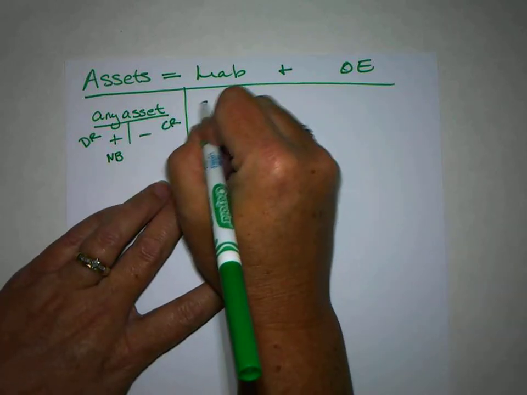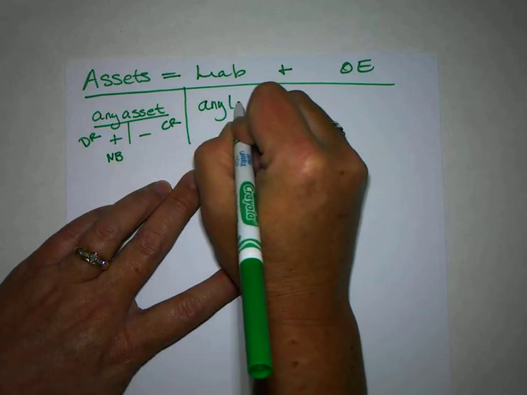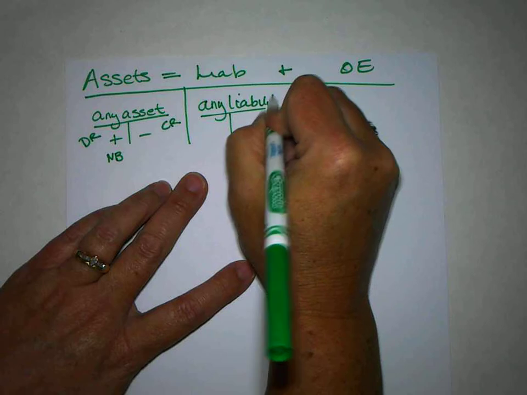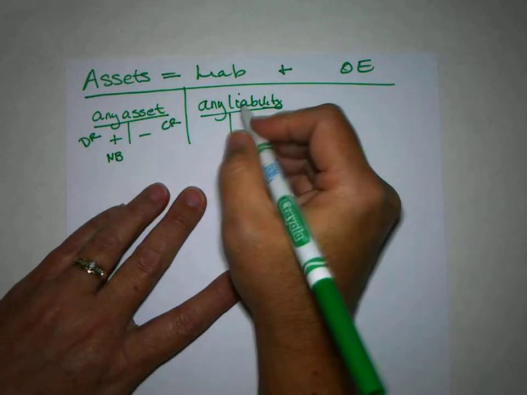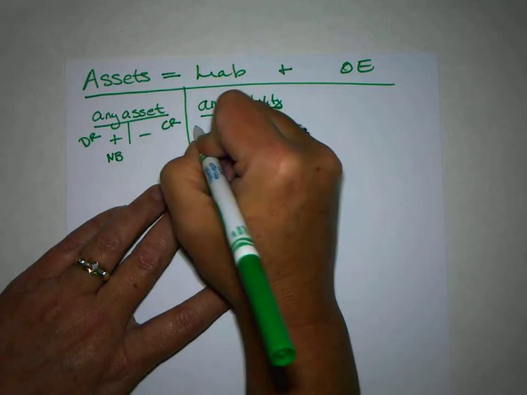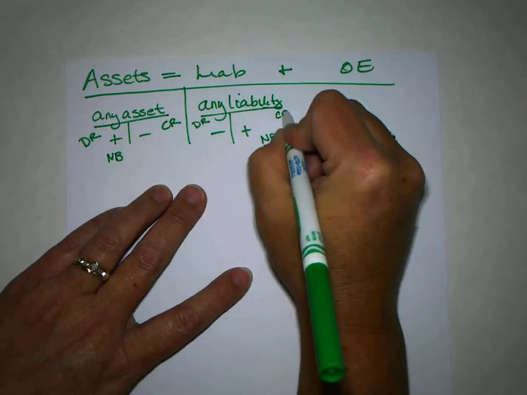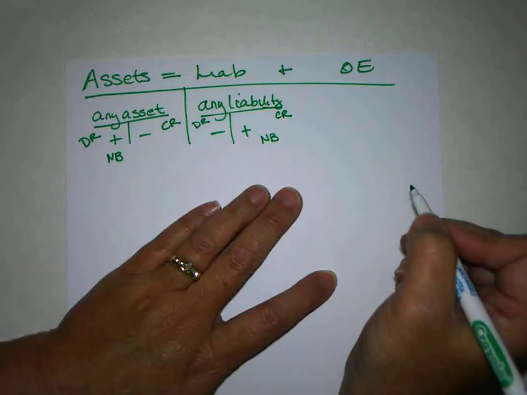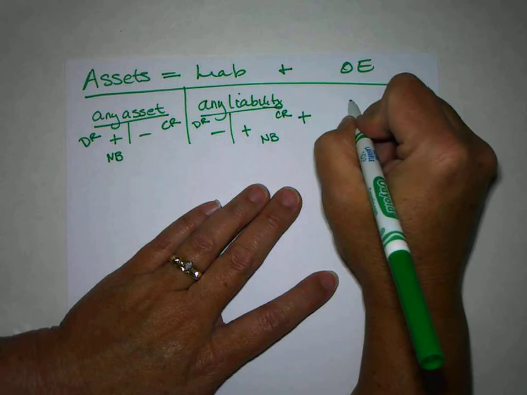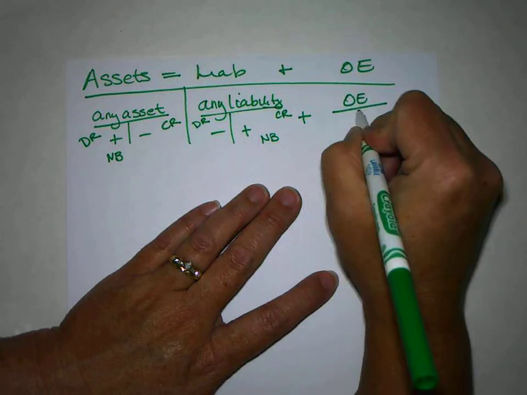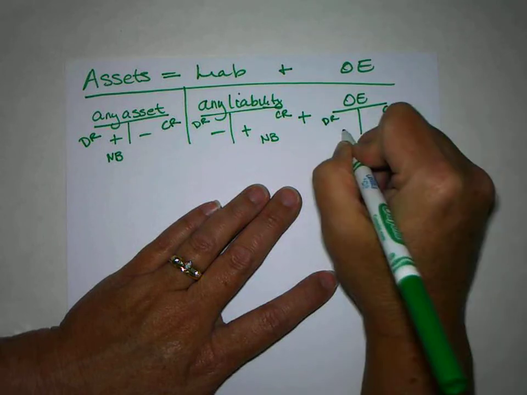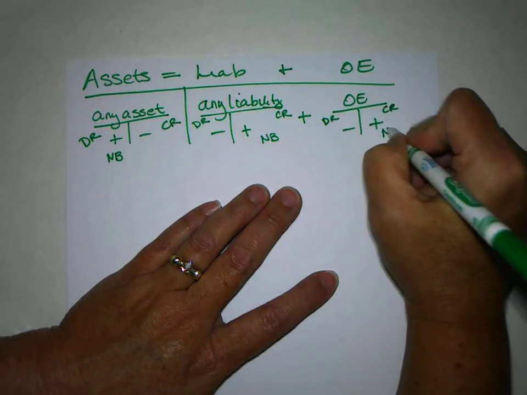Your liabilities, so any liability, is a minus and a plus. This is your normal balance side. Debit on the left, credit on the right. This is not any different than what we've looked at so far. And then owner's equity. Debit on the left, credit on the right. This is a minus plus. This is our normal balance side.